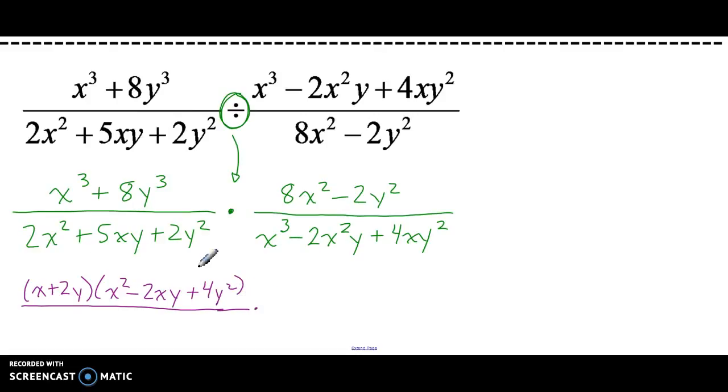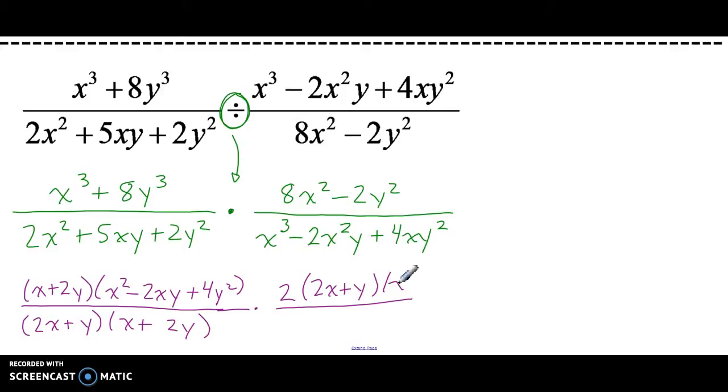The second one is a more traditional type of factoring, just a regular trinomial breaking up as two binomials, regular old FOIL factoring, and that factors as 2x plus y times x plus 2y. The second fraction's numerator here, first you should factor out a 2, because there's a common factor of 2. And then what's left is a difference of squares, so you should get 2 times 2x plus y times 2x minus y.